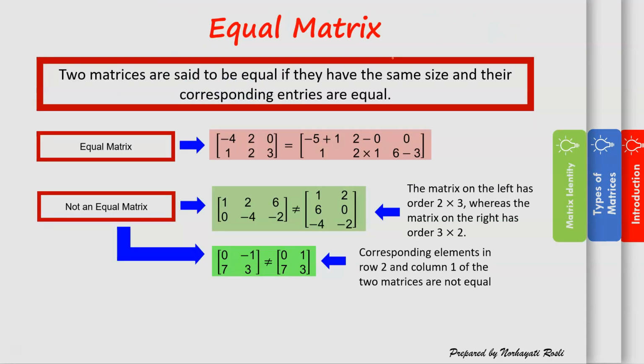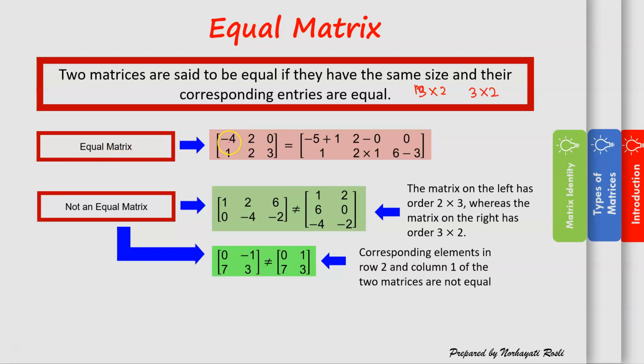Now we go to equal matrices. What does it mean by equal matrices? Two matrices are said to be equal if they have the same size. Same size here means that, for example, the first matrix has size 3 times 2, and the second matrix also needs to have size 3 times 2, and their corresponding entries are equal, meaning that Aij should be equal for both matrices. There are some examples here.